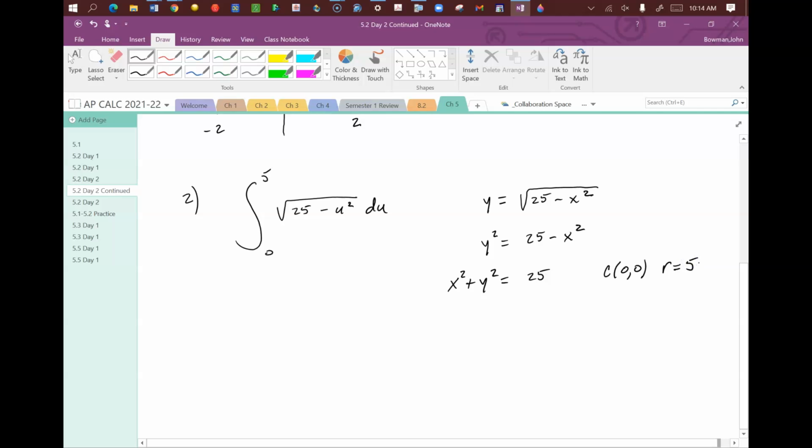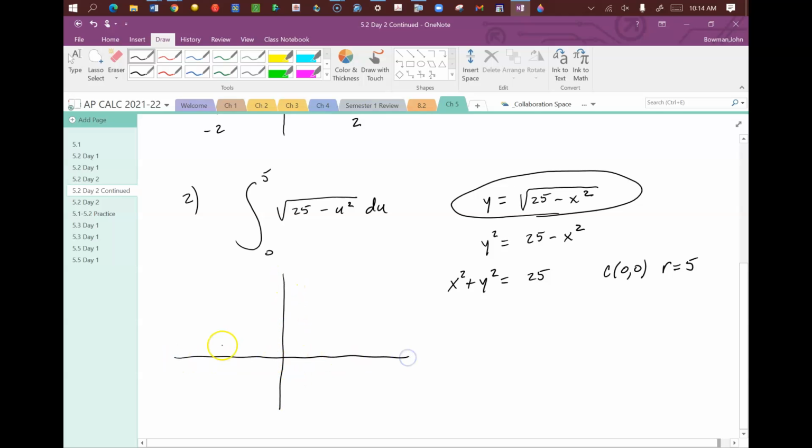Now, the part that we are interested in is the positive root of 25 minus x squared. So those y values all have to be greater than or equal to 0. Essentially, we're only looking at the top half of that circle. So here's the top half of the circle. It's centered at the origin, has a radius of 5, so this point is (-5, 0), and this point is (5, 0). And we are integrating this function from 0 to 5.